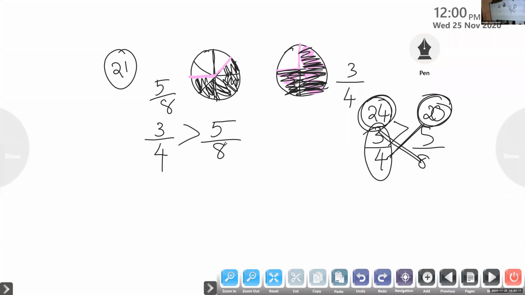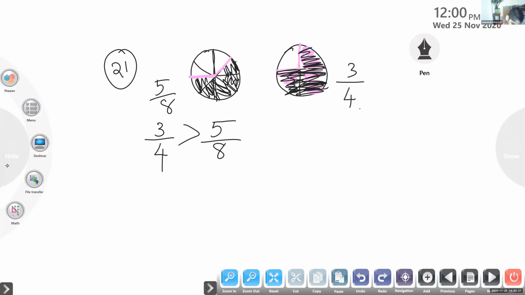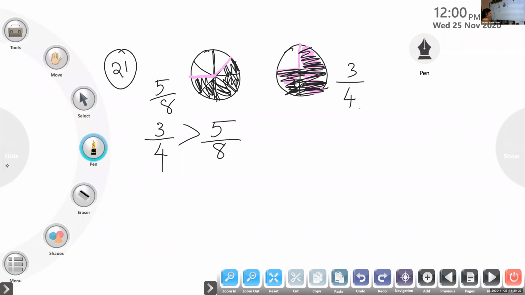Okay, question number 22, children. I am just showing, looking at the picture, it is clear that 3 by 4 is greater than 5 by 8. Or we can write the figure represented by 3 by 4 is greater than the figure represented by 5 by 8.